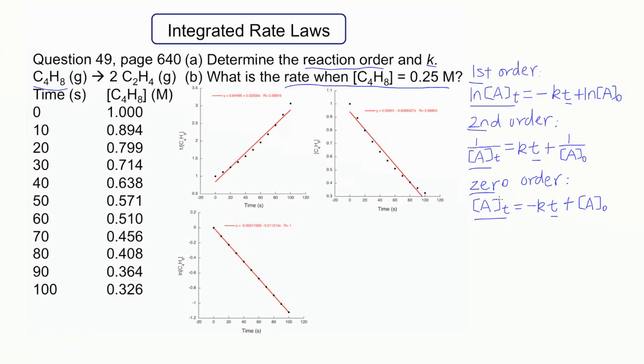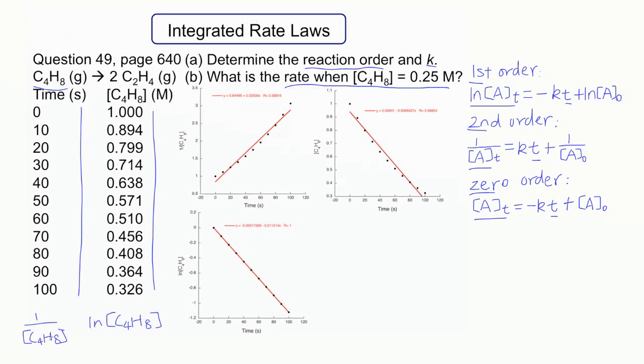Now what do we need to do to solve this problem? You got this table, time change and the concentration change. What you need to do is just calculate 1 over the concentration of C4H8, and the ln of the concentration of C4H8.